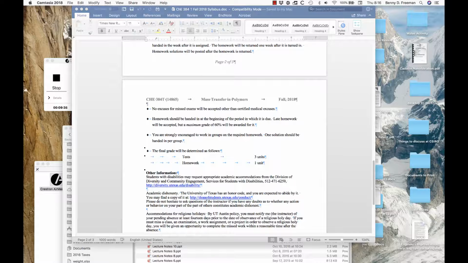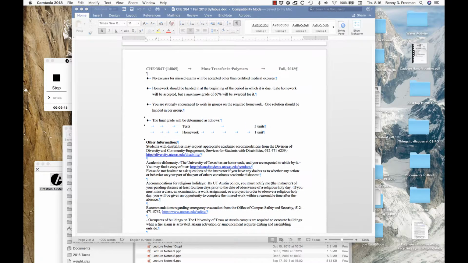And the final grade is based on a couple of in-class tests plus the final exam and the homework. I encourage you to work in groups on this, and also to come see me if you have questions about the homework or how to approach questions.